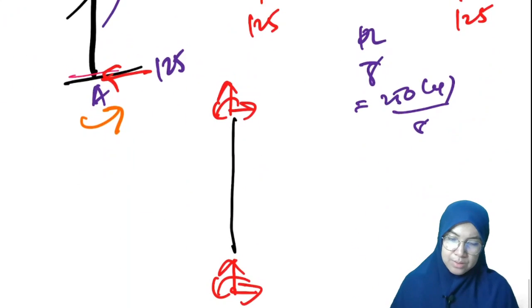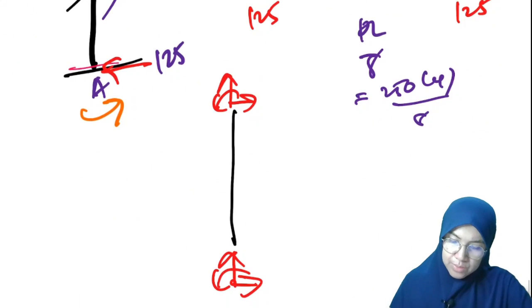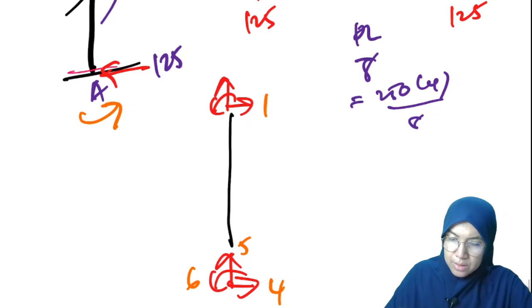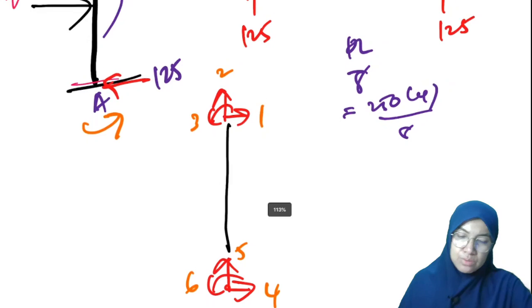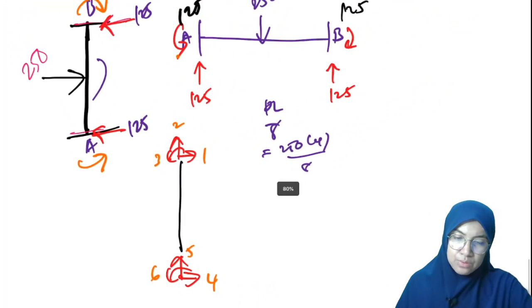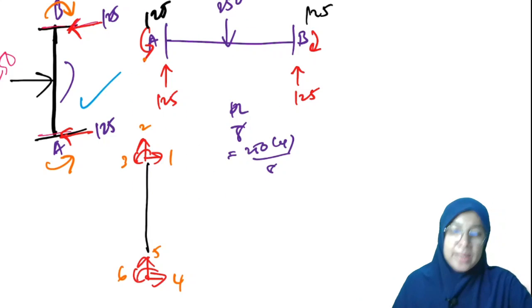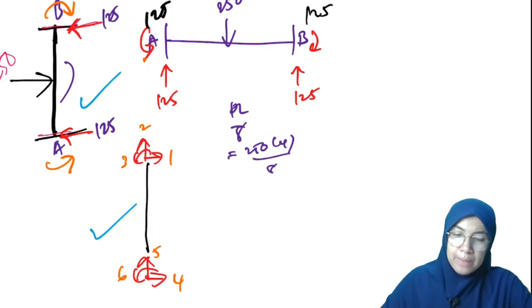So here is 4, 5, 6, 1, 2, 3. We compare these two, so we can write the values.